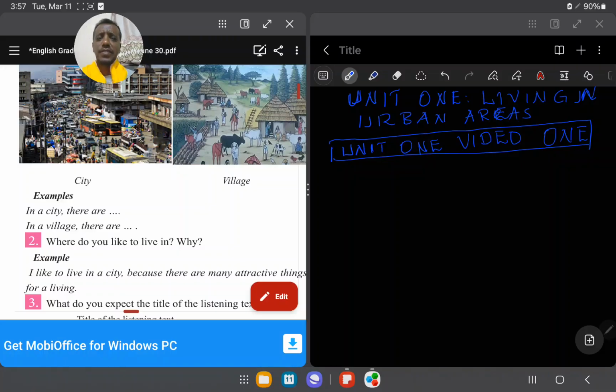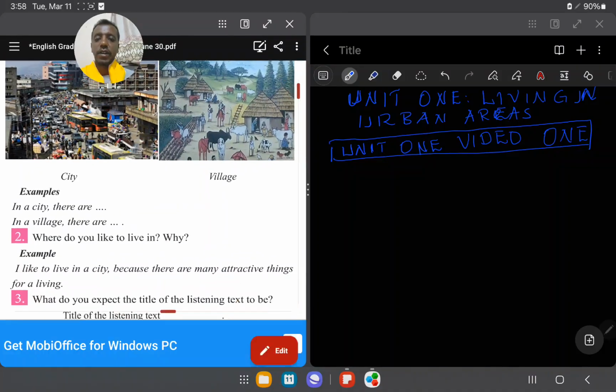I think the difference is between urban areas and city life. Urban means city life, and village means country life. City and urban have almost related meanings. So what's the difference between city and village? You can see the picture here.